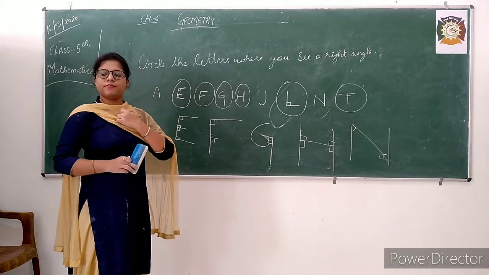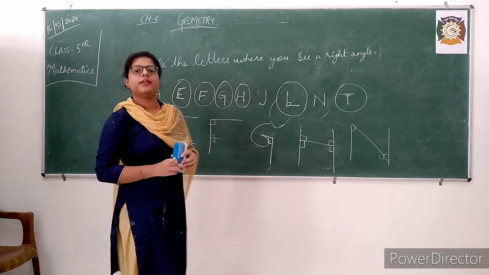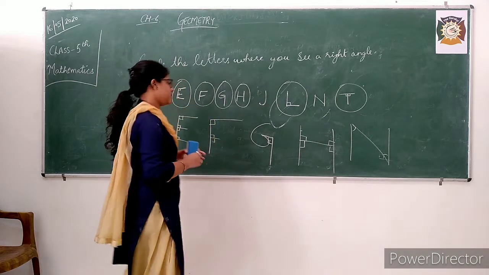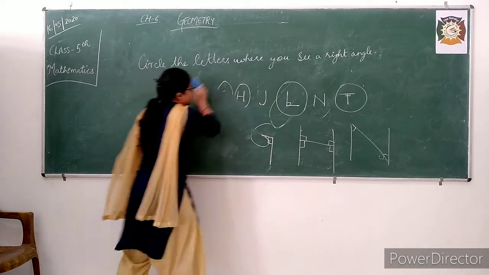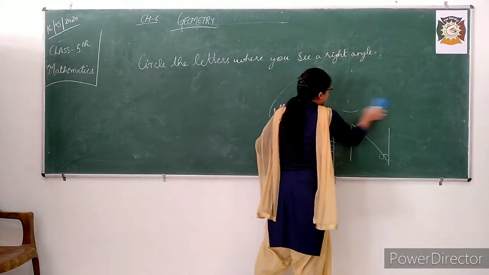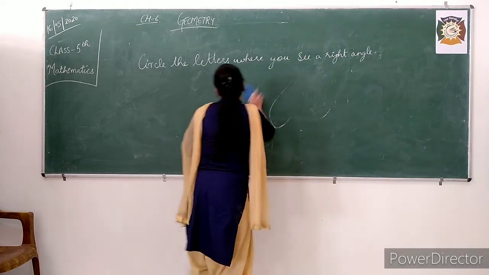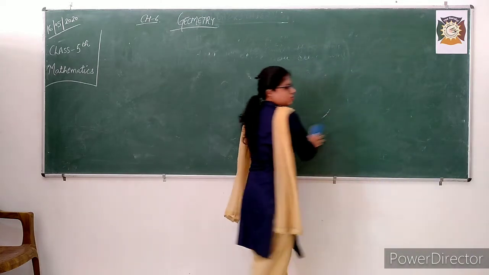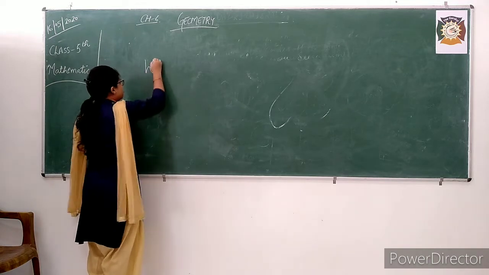Next, you are given 4 clocks with some given times and you have to write the time of the clocks where you see a right angle.